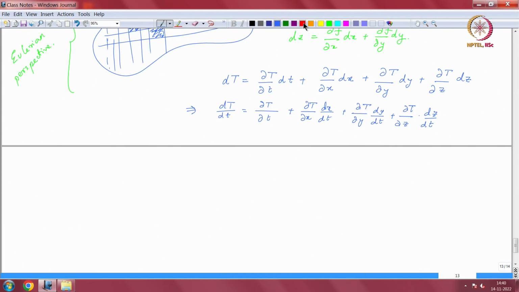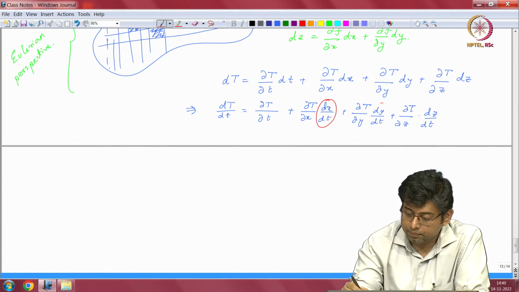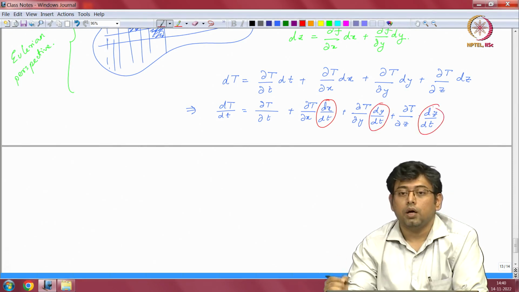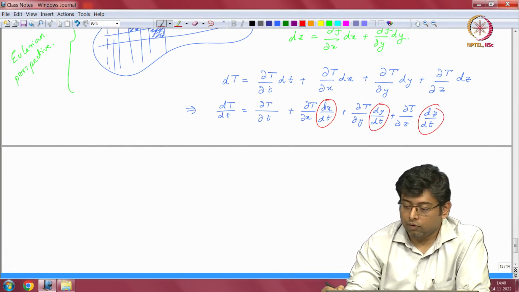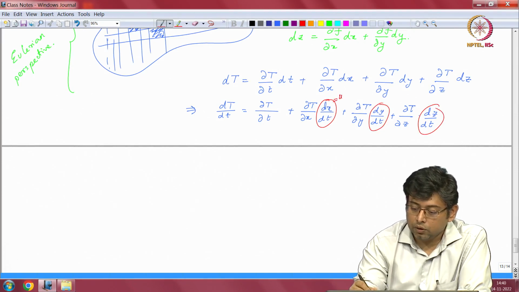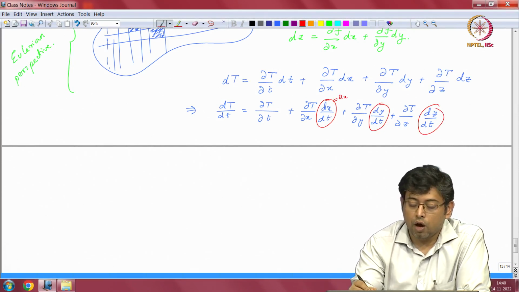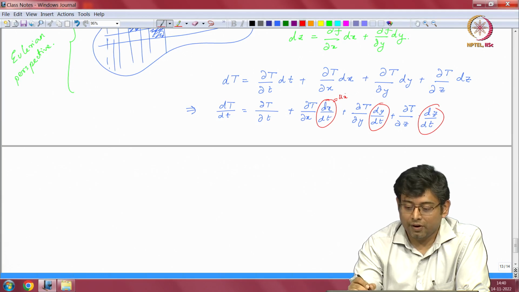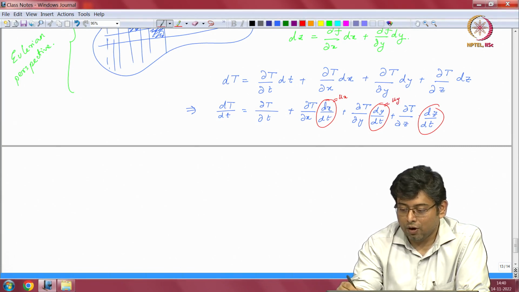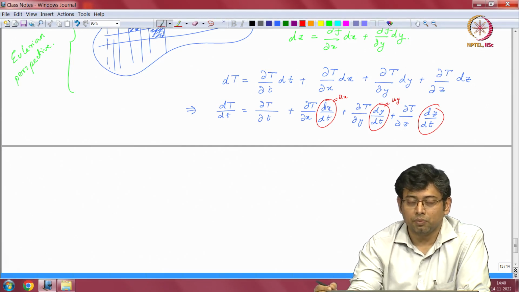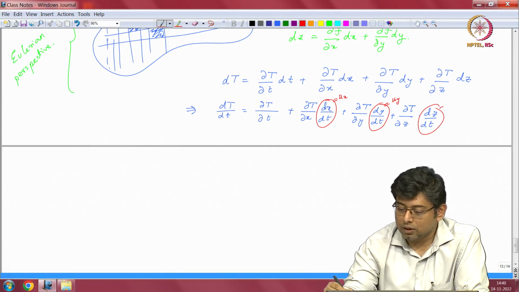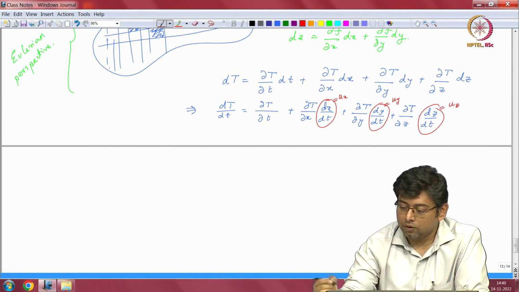So what are these quantities right here? Well, these are nothing but the local velocities. So I can write this as ux. Now that we have entered the realm of fluids, we are going to use u for velocity. So just to make sure that I am using a slightly different variable, I am just going to use this subscript, to make our life easier. So these are now velocities.